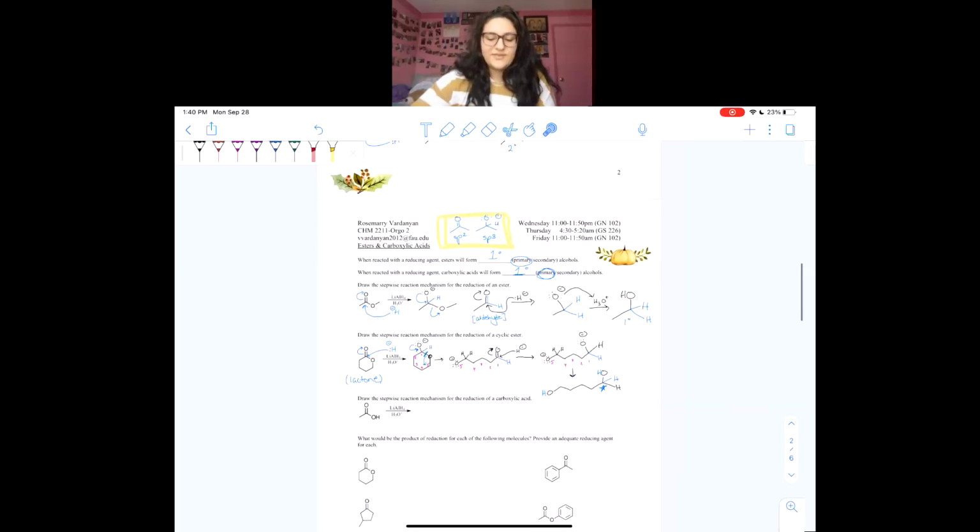If you reduce a lactone, which is a cyclic ester, you are going to again get one primary alcohol and then another alcohol that will vary depending on your substituents. Any questions so far?